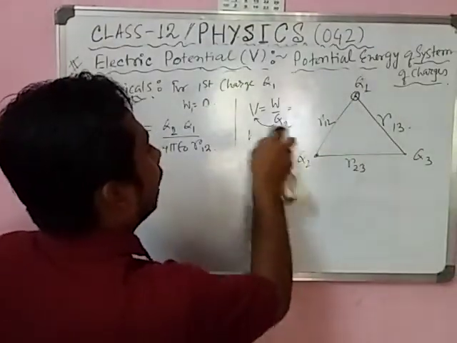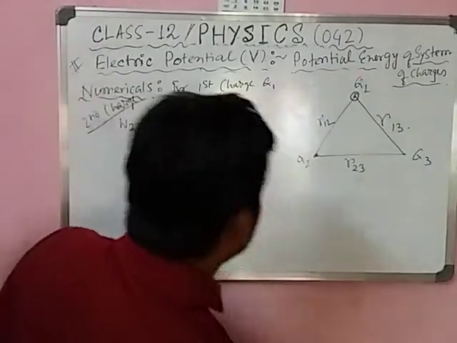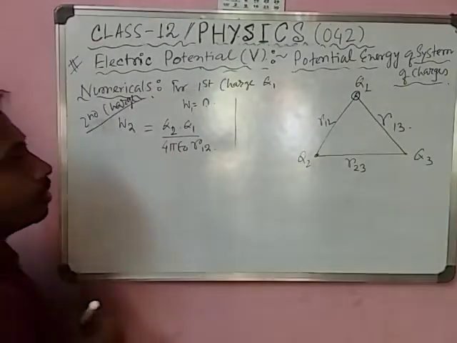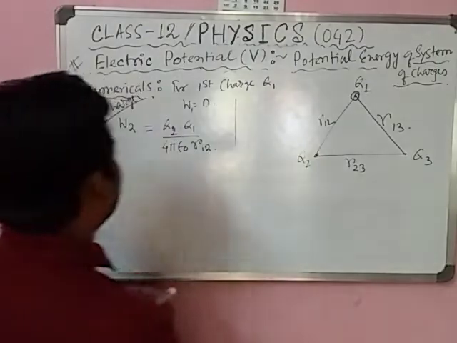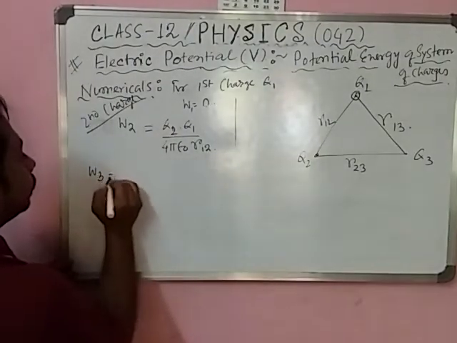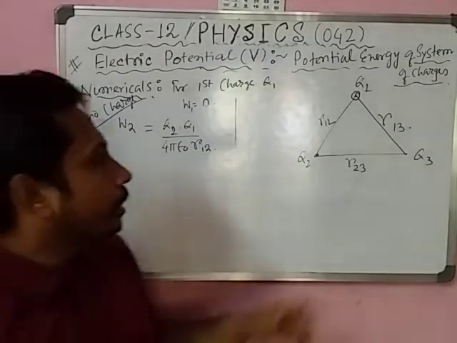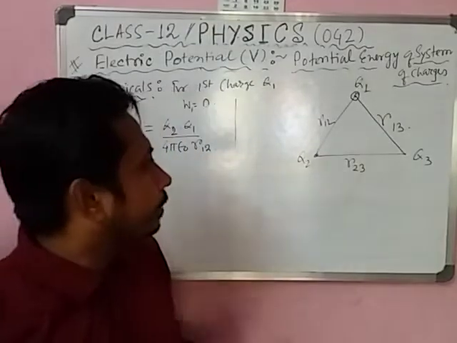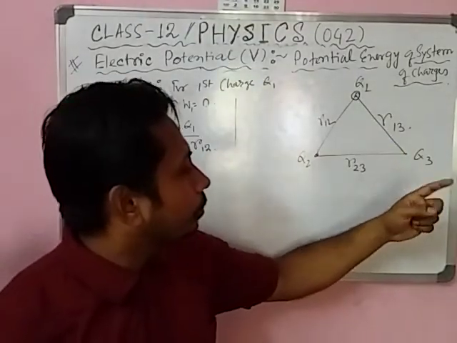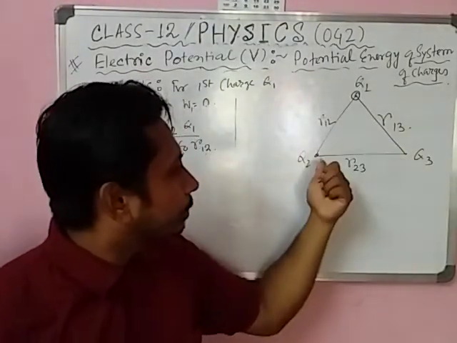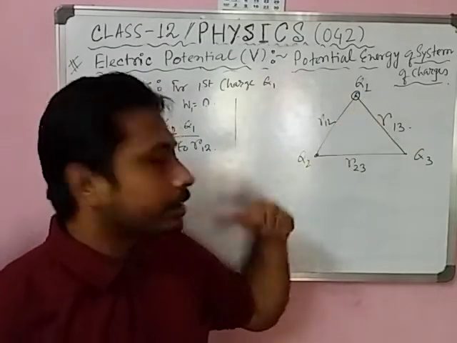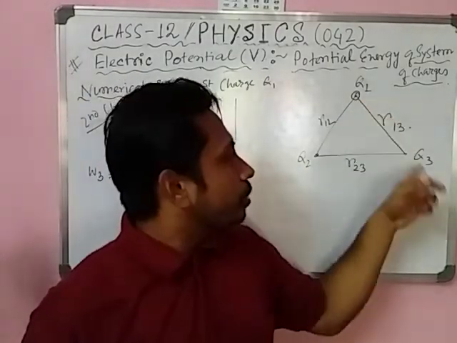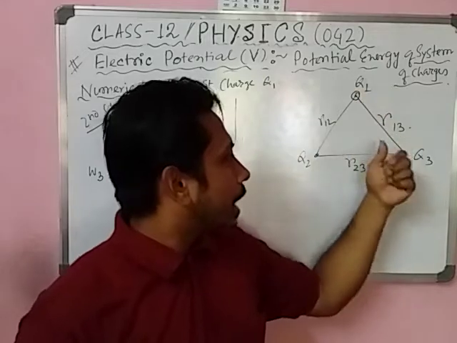So students, now our third charge is Q3. Now you are responsible to find out for Q3. So you can write W3. See, when you bring Q3, there are two charges present, Q1 and Q2. So separately you have to find out for Q1 and for Q2.